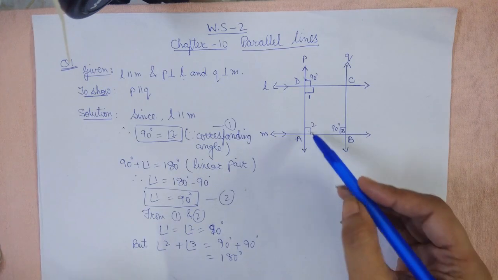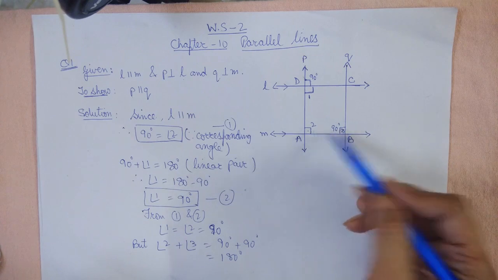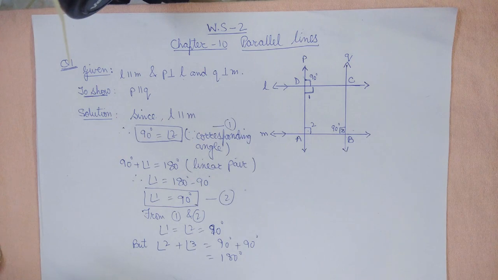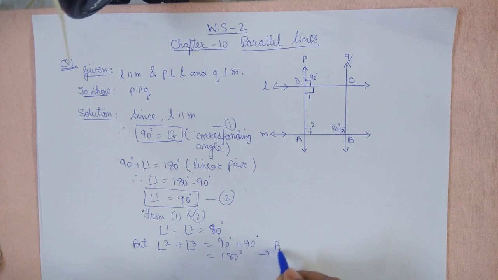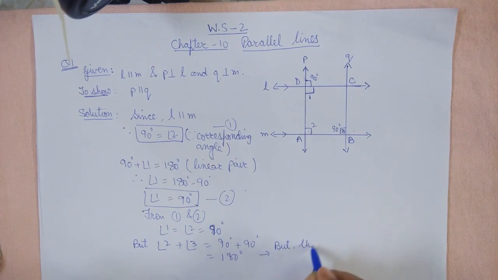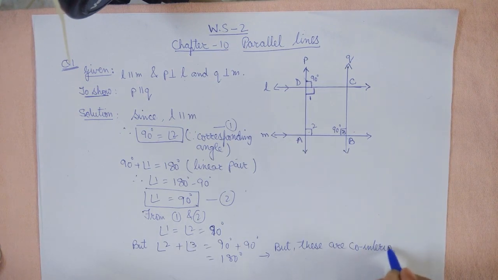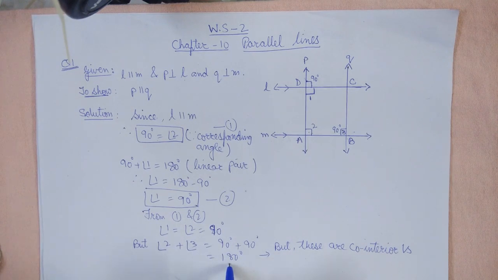Now can you tell me these two sum is 180 degree? So which concept are we using here? These are co-interior angles. Okay, now if the sum of the co-interior angles is 180 degree, we have already done this concept.